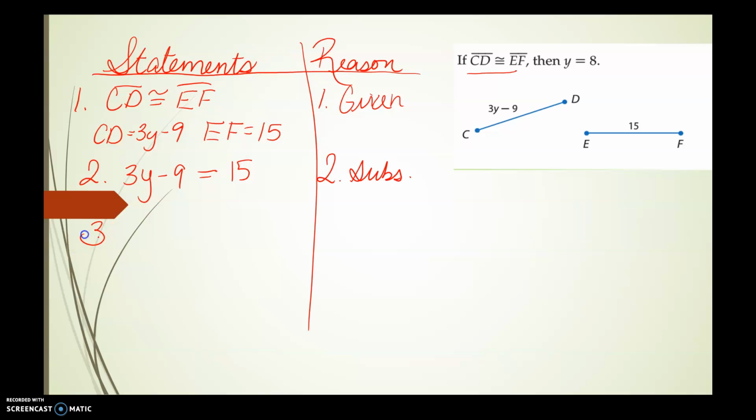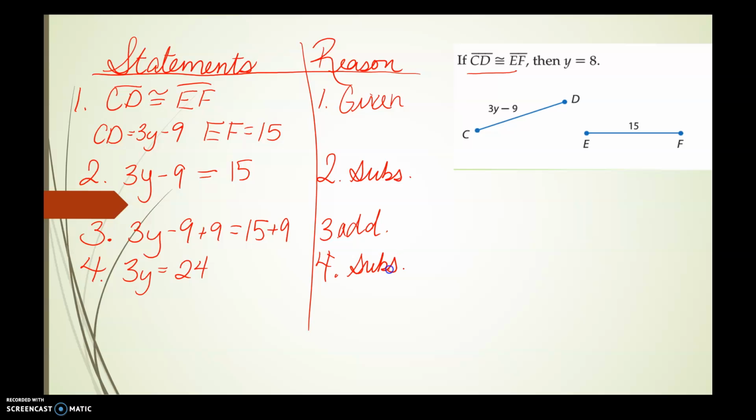It's attached by subtraction, so I'm going to add 9. Addition is what that step is. And then I get 3y equals 24. That would be substituting 3y in for this side and 24 in for the 15 plus 9.